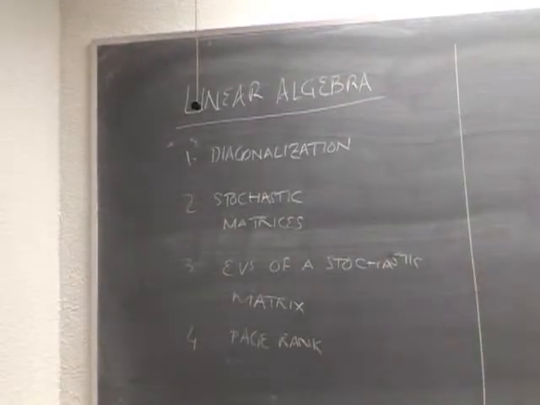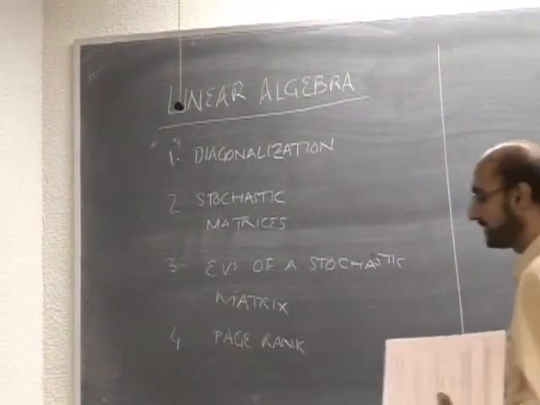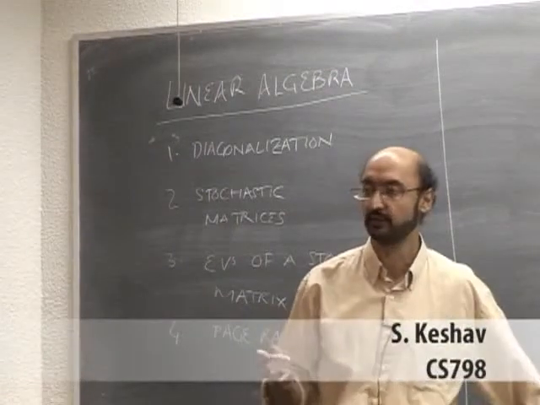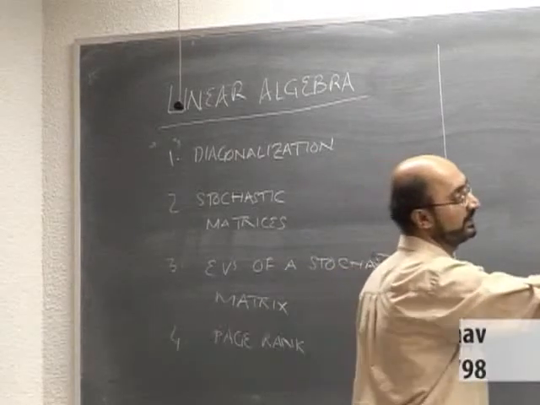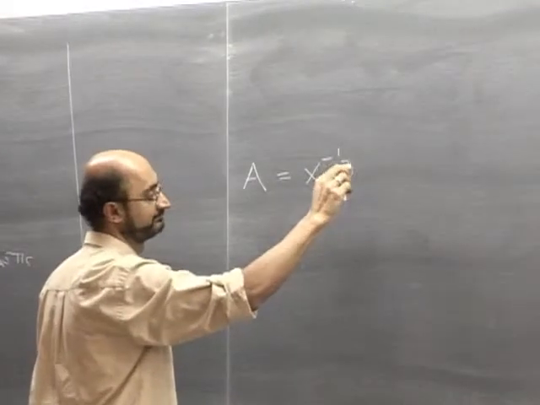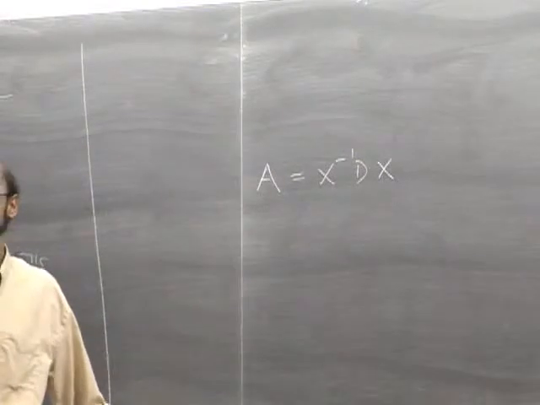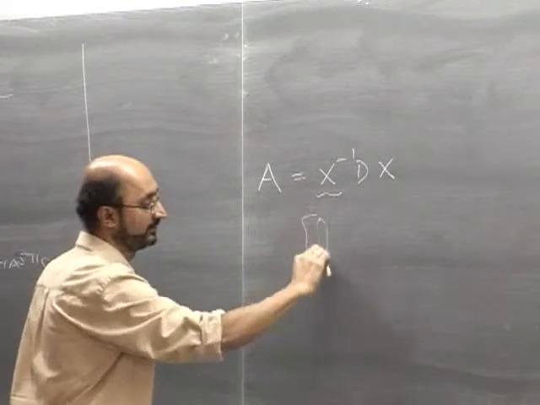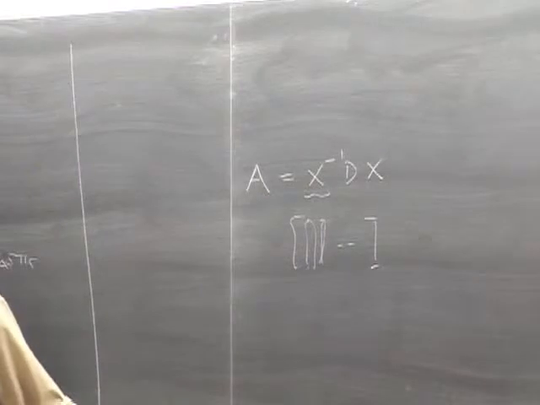Okay, so today I'm going to cover the topic of stochastic matrices. Before we start, I wanted to clarify a question that was on Piazza. The question is basically, if you're going to write a matrix in the form X inverse DX, where X is some matrix which contains the eigenvectors of A as the column vectors, then what does D look like?